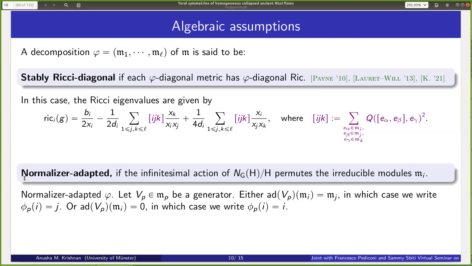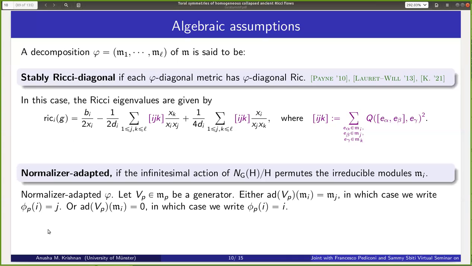Since we are interested in showing toral symmetries of the flow, and the torus sits inside the gauge group, it is useful for us to control the action of the normalizer. The action of the normalizer should not be too wild, and this is the assumption we make to achieve that. The stably Ricci diagonal assumption ensures that the metric flows through diagonal metrics.